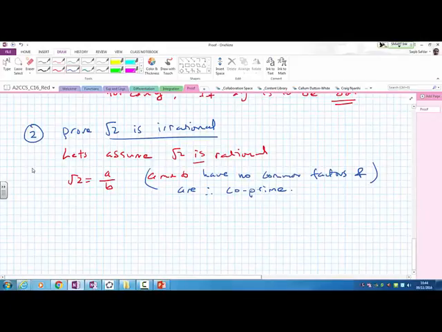Co-prime is just a word that means they don't have any common factors. In other words, it's a rational number. The square root of 2 is a rational number. You can write it as a over b, where a and b are integers.